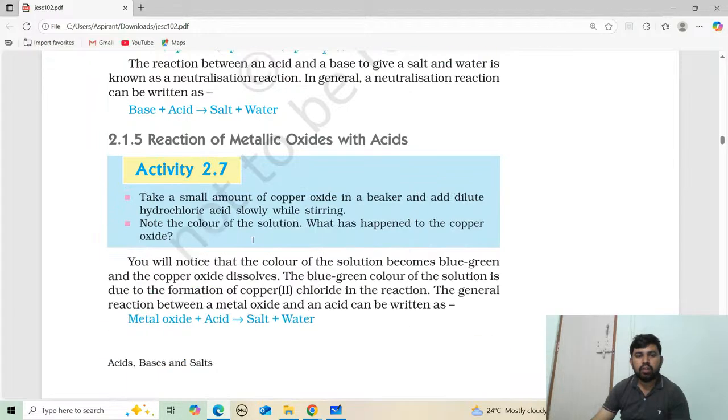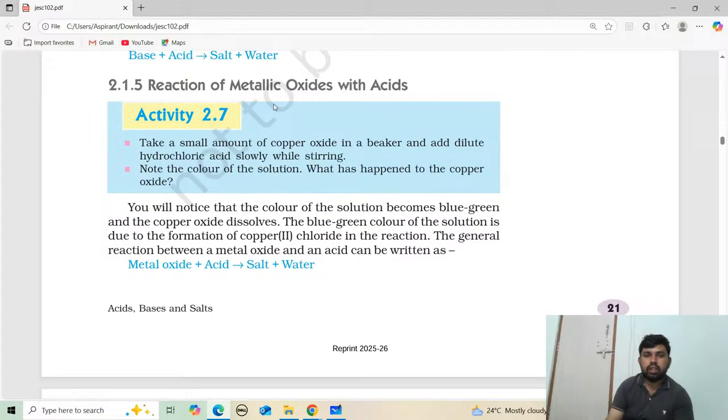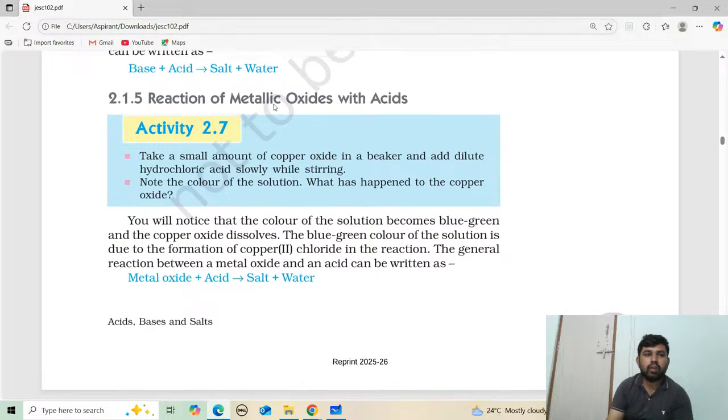Let us understand metal oxides. What is the nature of a metal oxide?